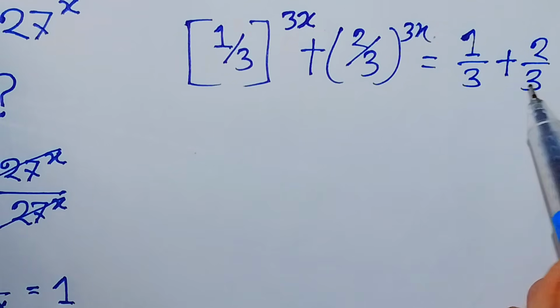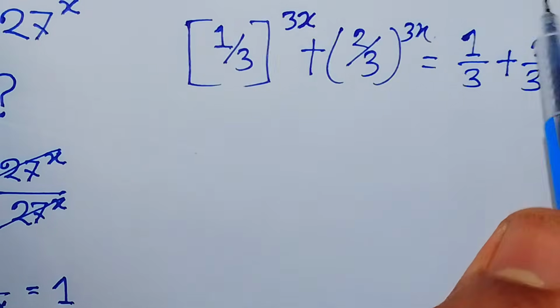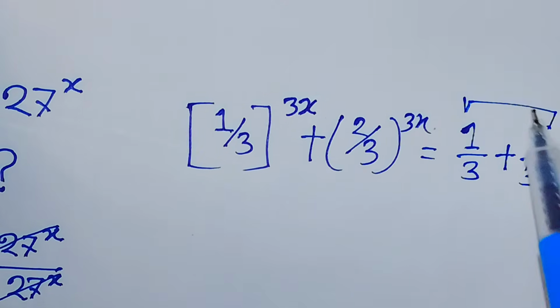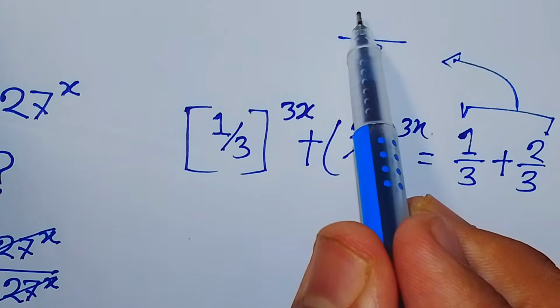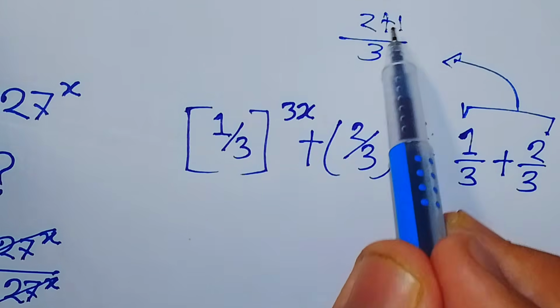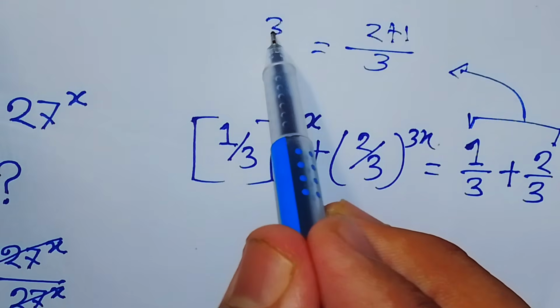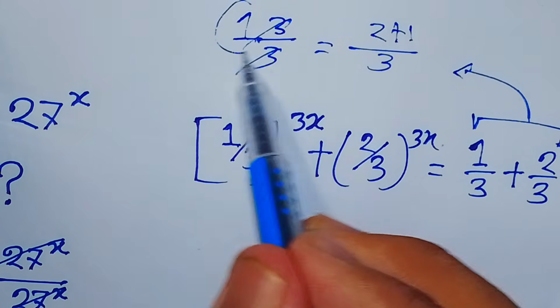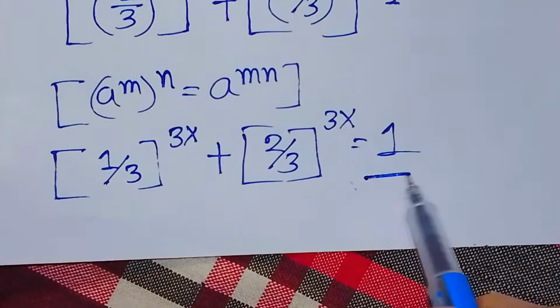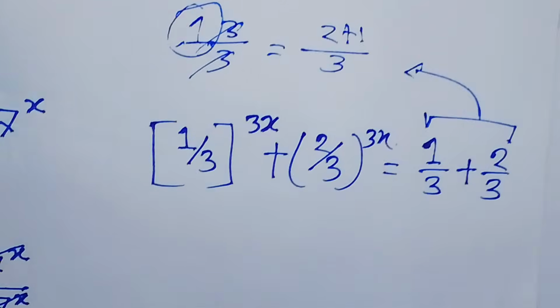Why do we write this? Because if we take this 3 here, then we can write 2 plus 1, then it will be 3 divided by 3. Then this will cancel out and we get 1, which we had before from this 1. Okay, hope you will understand.